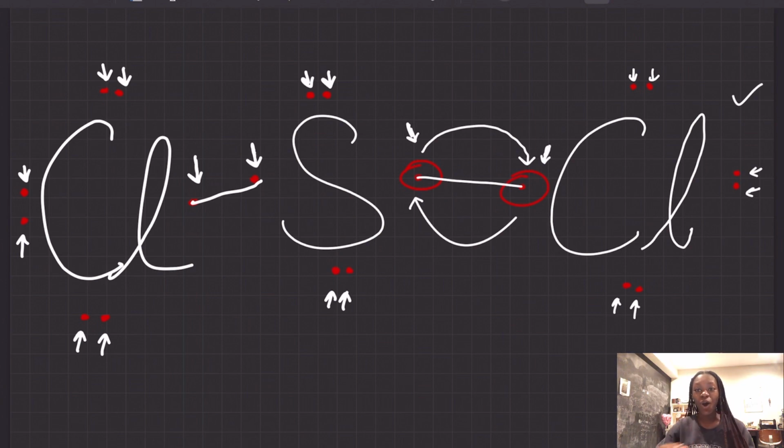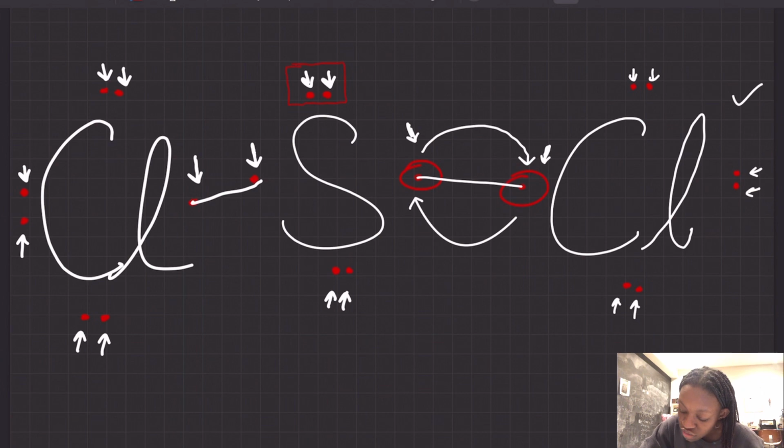So now all of the atoms are stable, and so this is how you know that your Lewis structure is complete, right? So I want to bring your attention to some vocab. Here we see 2 electrons that are together, but they are not being bonded with any of the other elements in the Lewis structure.